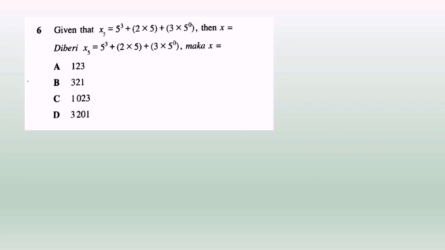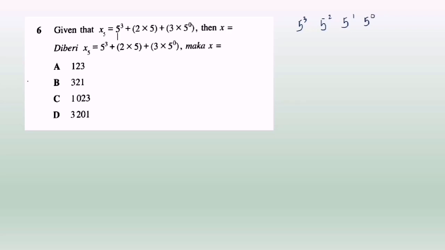Question number 6, given that S base 5 equals 5 power 3 plus 2 times 5 plus 3 times 5 power of 0. For this question, I will do like this. Okay, the highest power is 3, so 5 power of 3, 5 power of 2, 5 power of 1, 5 power of 0.